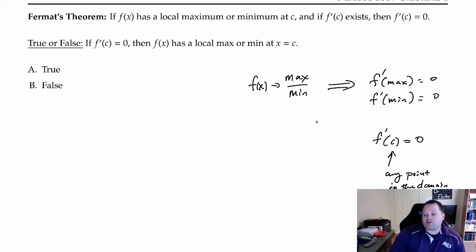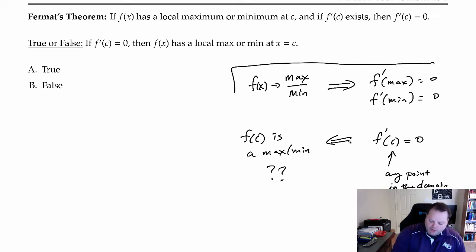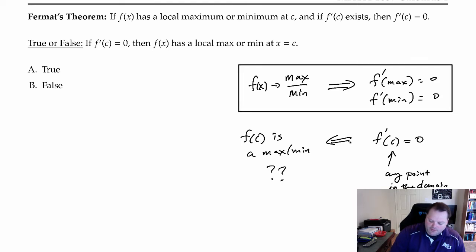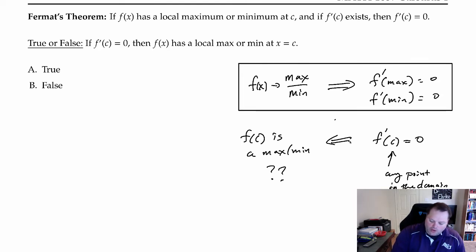So if I have a critical point, do I automatically know that f of c is a max or a min? Do I automatically know that? So this one we know. This is what Fermat's theorem states. This one is always true.